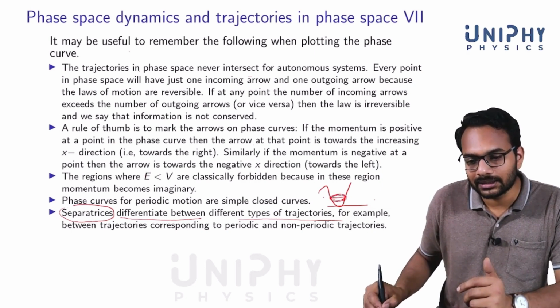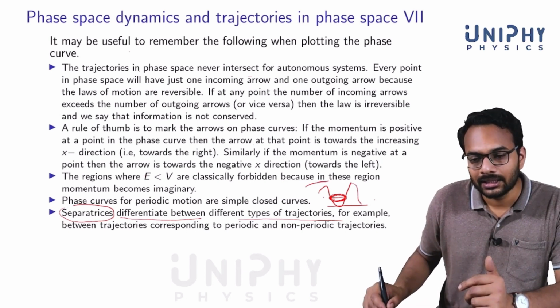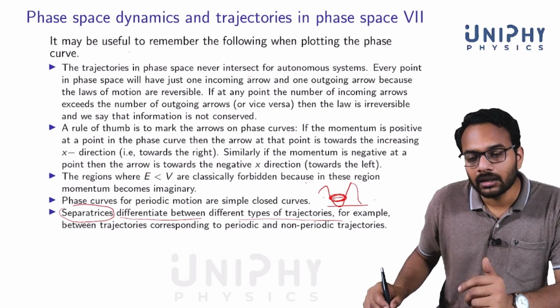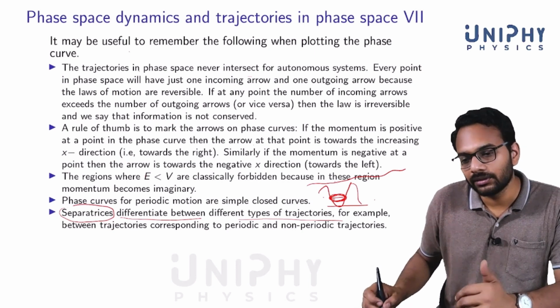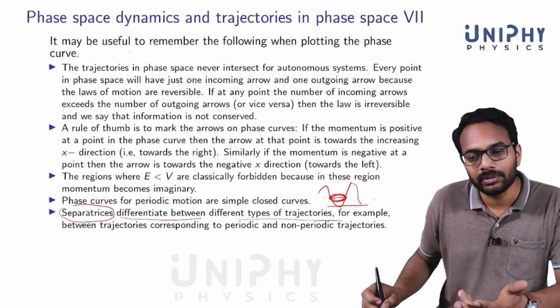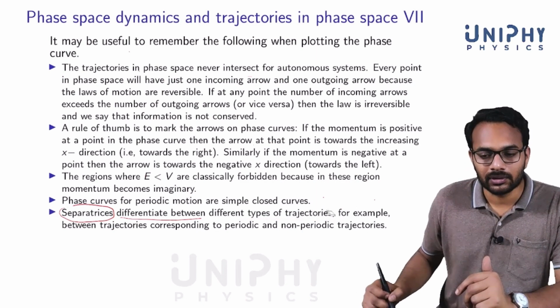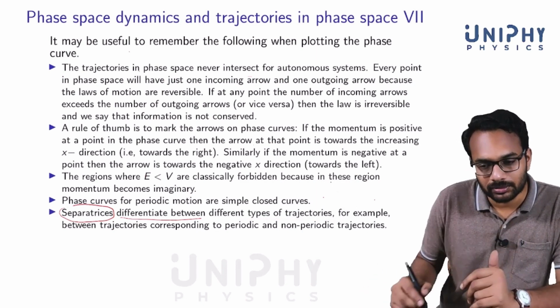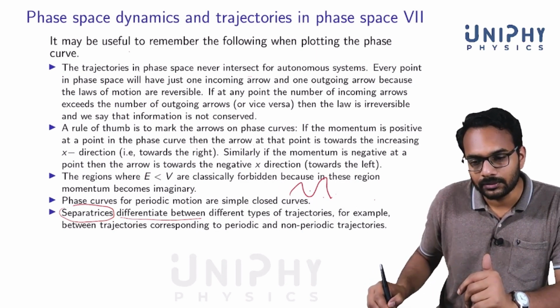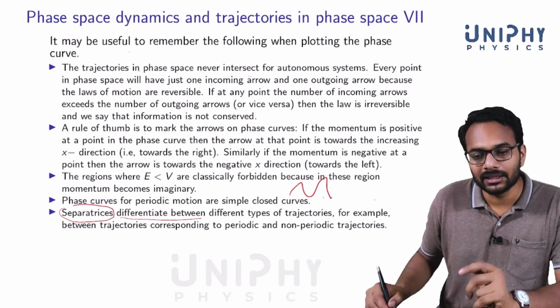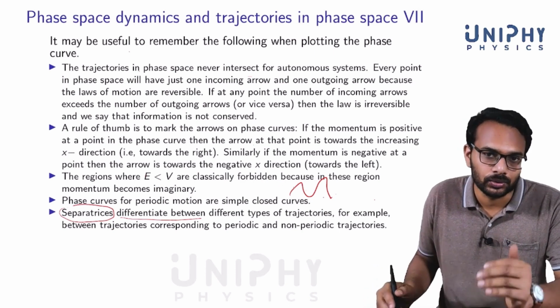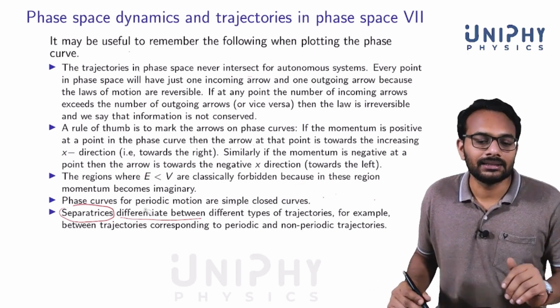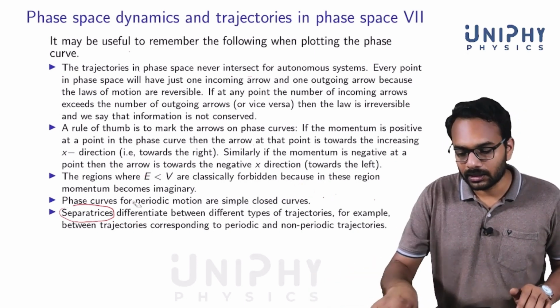It just keeps going like that. But outside this region, it's free. The momentum is free. This is an open curve. It's not periodic motion. In between these two possibilities, there will be curves which separate them, and these are known as separatrices.